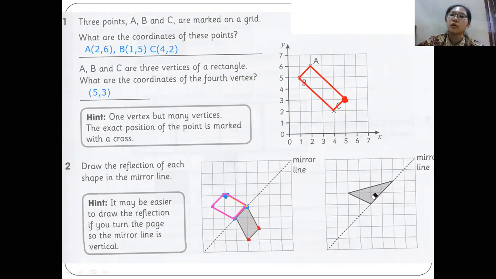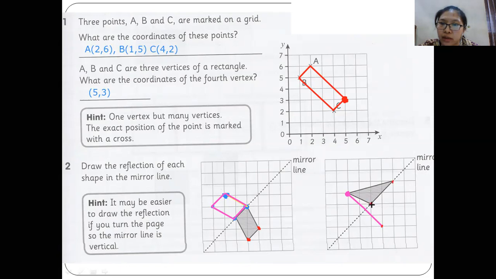Right? Continue. The same goes here. Look at this point. How far is it from the mirror line? This is the mirror line. Okay, so from here to the mirror line, it is one diagonal line and a half. So it's also reflected 1.5 diagonal lines here. So it will be reflected over here, this point. However, the rest is on the mirror line, so it will be the same.